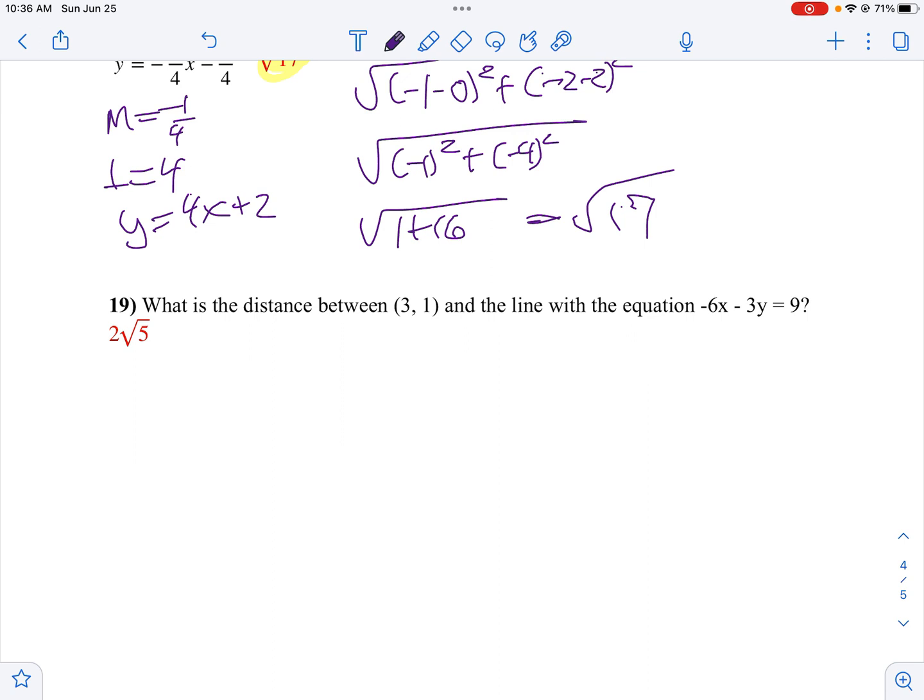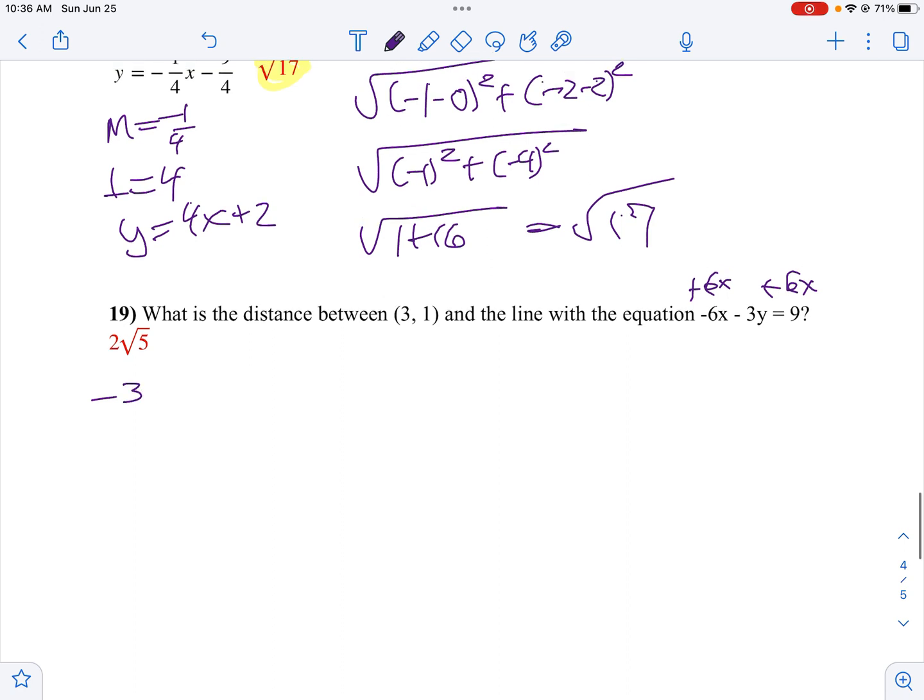So let's go ahead and do that. We're going to add 6x to both sides. So you get negative 3y equals 6x plus 9. I'm going to divide everything by negative 3. So y equals negative 2x minus 3.